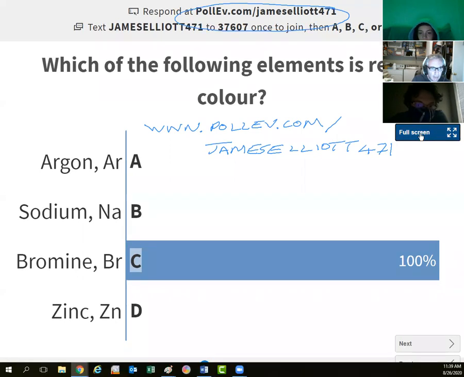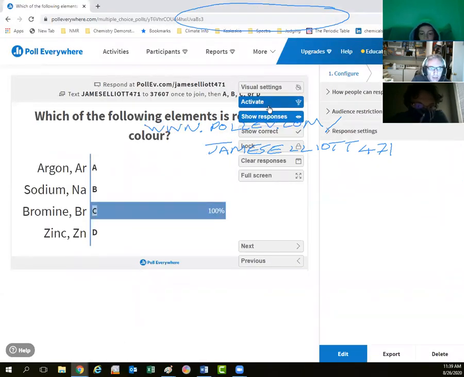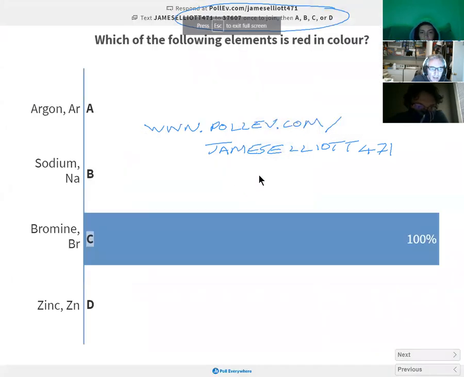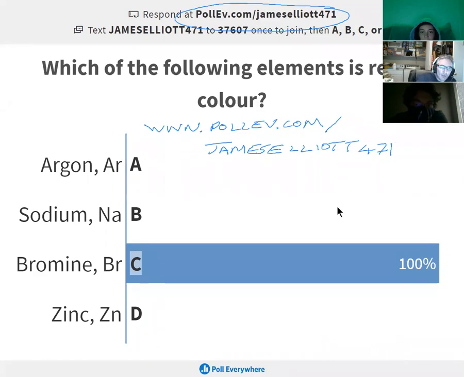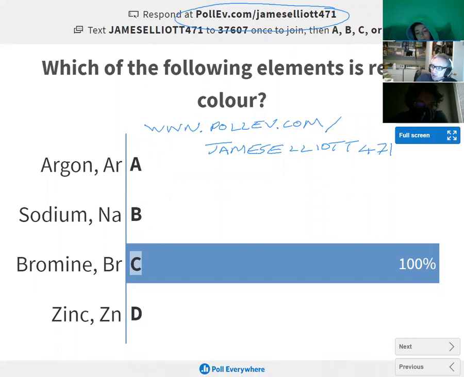Normally, I get a count of how many people have taken the poll. Where is my count? Is everybody getting the answer of bromine? I didn't put it in yet. Don't worry about it. Don't overthink it. Just go with your gut. It's completely anonymous, just about putting in a response. What does your gut tell you right now?